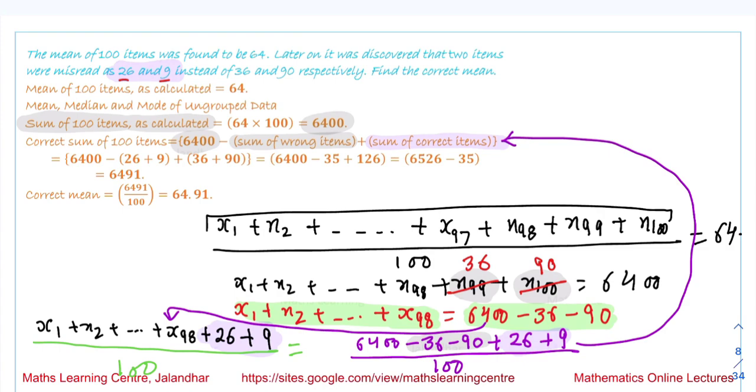So this is the formula written in this form, and the answer that you will get is 6491 over 100, which is equal to 64.91. This is the final answer, the corrected mean.